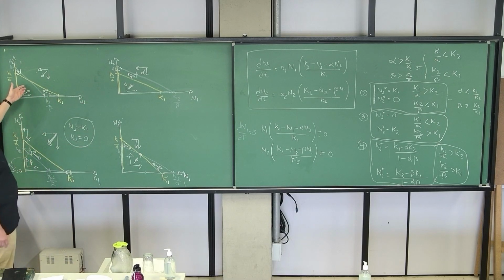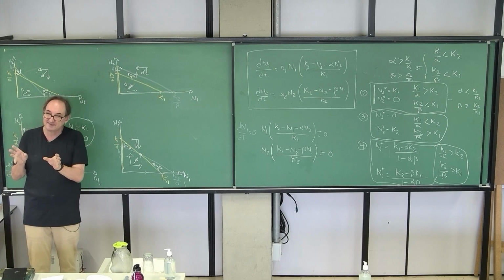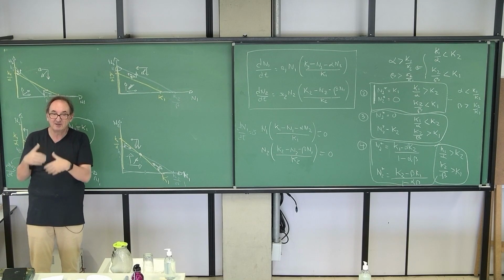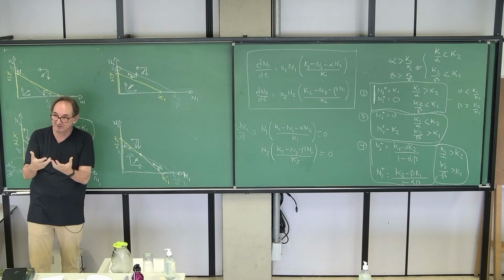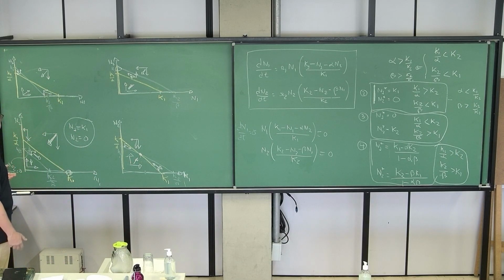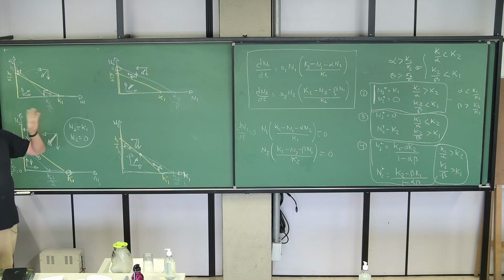This one corresponds to the case where both influences, N1 and N2, are small. So competition is not very important in this case, and then you get coexistence. And finally, here, mutually strong competition.